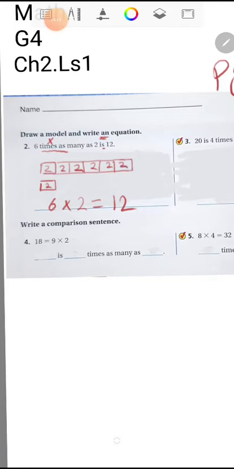Okay, so if I count them all, it will be what? 12. So this is the model that describes 6 multiply 2. Or I can repeat the 6, 2 times. So you can use it.